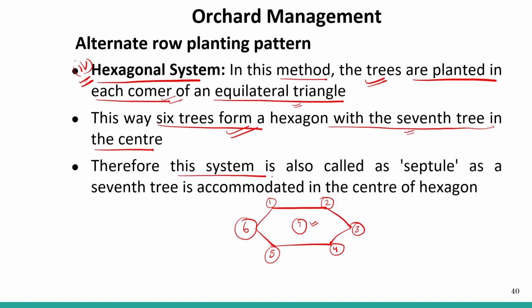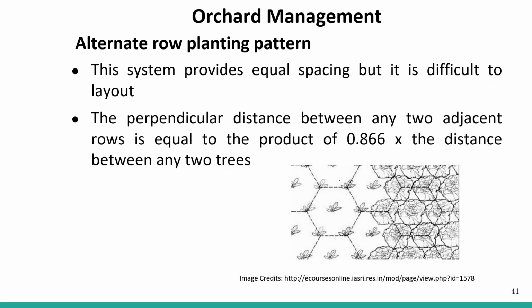Therefore, this system is also called a septule, as a 7th tree is accommodated in the center of the hexagon. So if you see the figure, this is 1 tree, 2, 3, 4, 5 and 6. It is forming a hexagon like this, and the 7th one is in the center.